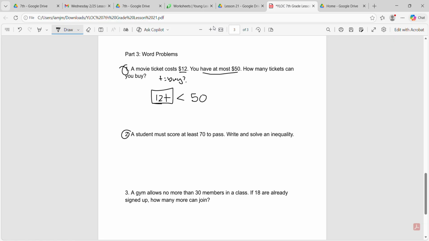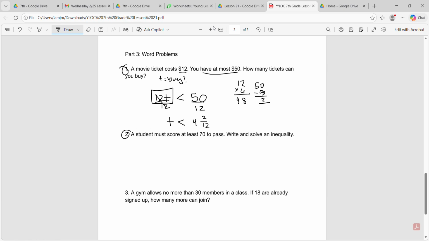To leave T alone, we divide both sides by 12, and you get T is less than or equal to 4 and 2 over 12, since 12 times 4 is 48, leaving 2 over 12.